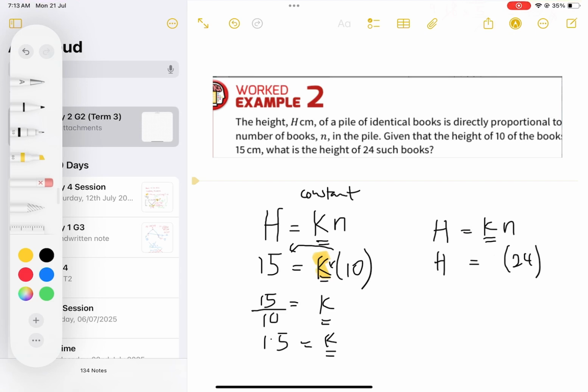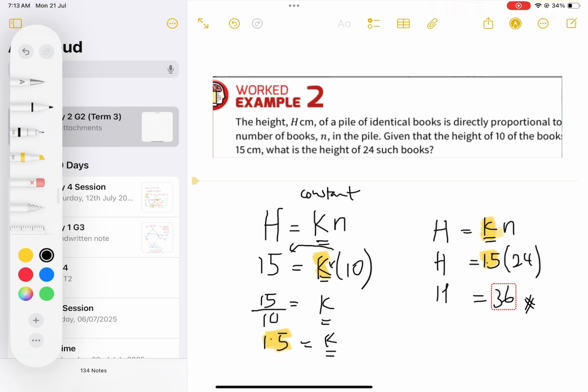So now we put the 1.5 in. With that, we can find the height: 1.5 times 24, which is 36. So there we have it.